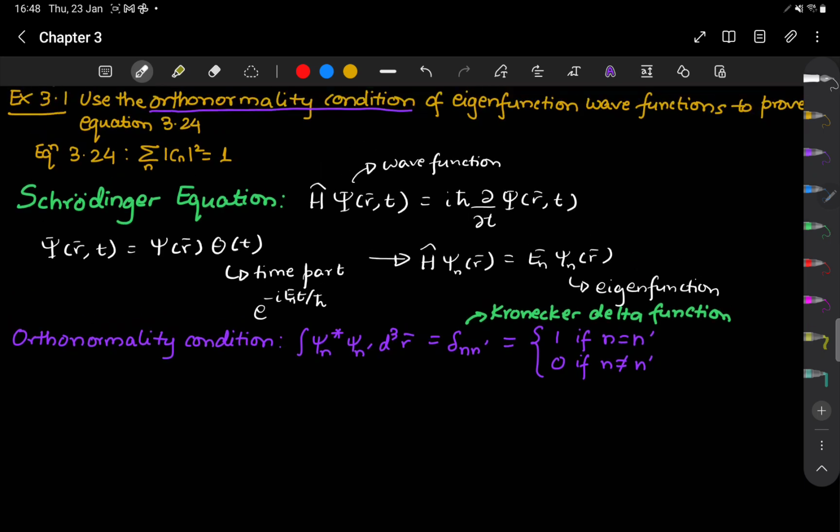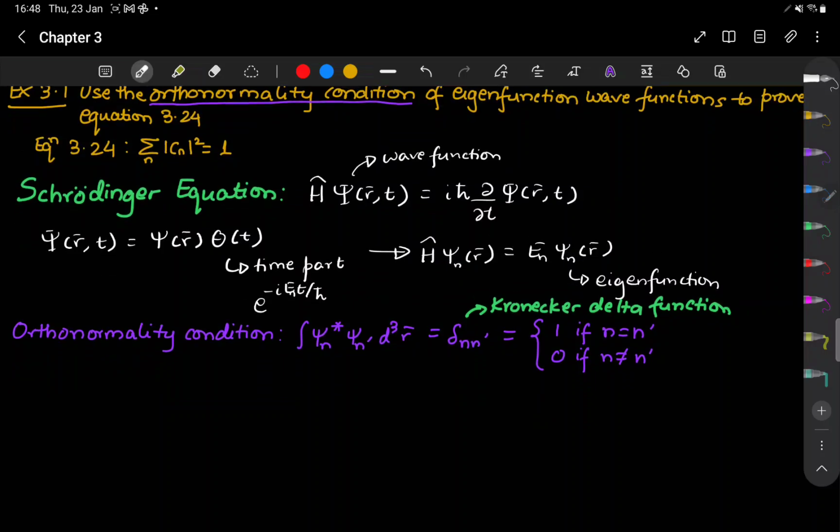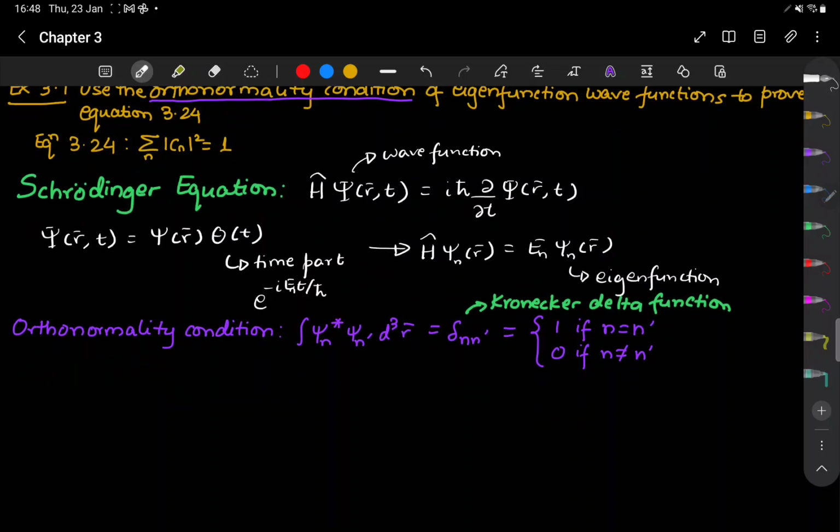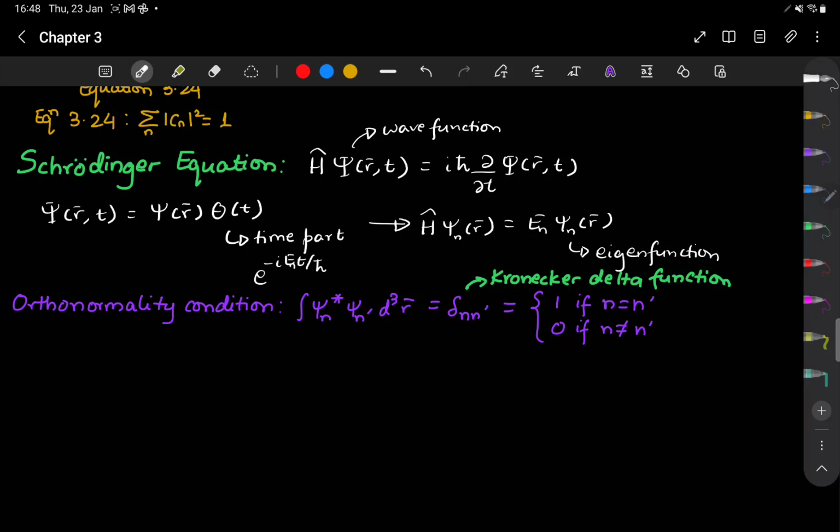Now where do these Cn's come from? Let me write down what this Cn means. What we can do is have the wave function written as a superposition of its eigenfunctions. So any state, this is a superposition state.